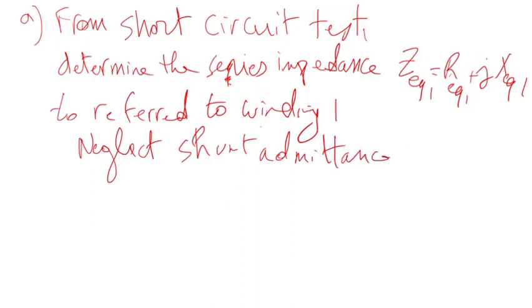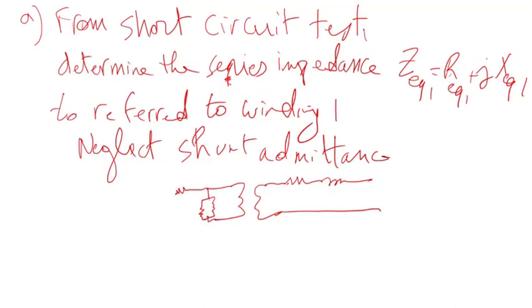Because in general, the model for the transformer, so you have the windings here, and obviously you have the secondary resistance, and you have some reactance associated. Then you have a shunt admittance here.